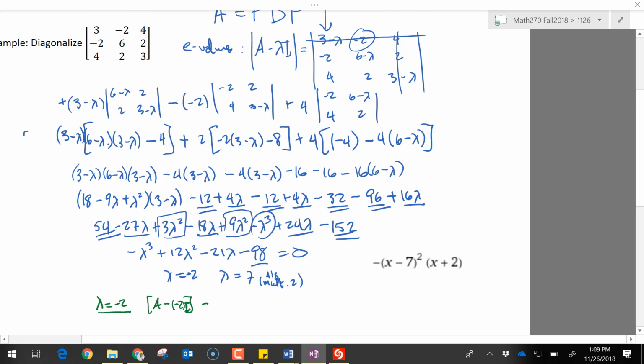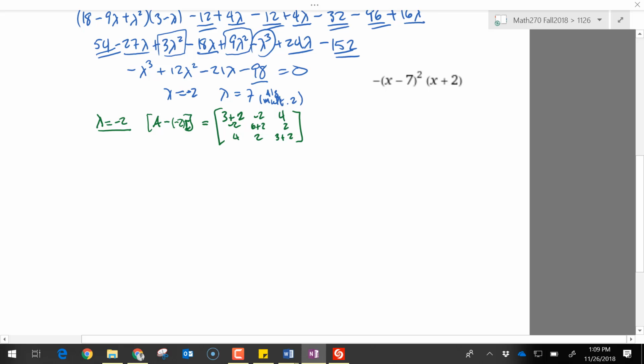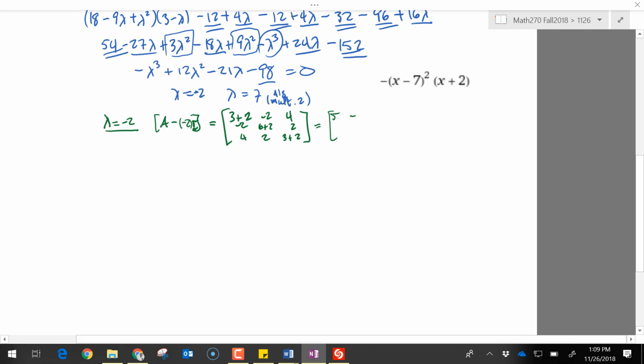I need to take a look at what the matrix looks like: 3 plus 2, -2, 4, -2, 6 plus 2, 2, 4, 2, 3 plus 2. All right, so this is going to be 5, -2, 4, -2, 8, 2, 4, 2, and 5.